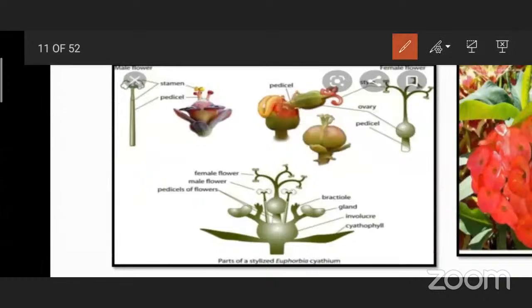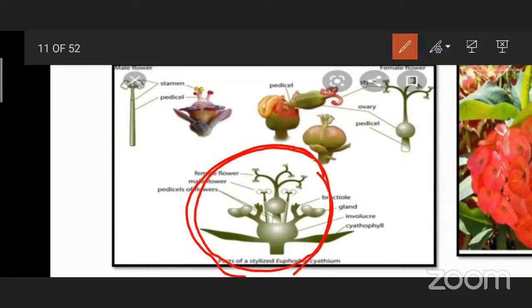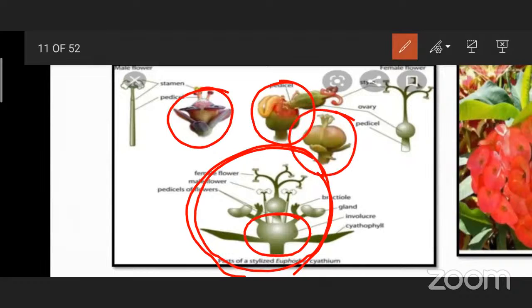See here, this is Euphorbia. Second special type of inflorescence, that is cyathium inflorescence. Naked, stalked, unisexual flowers are arranged in a cymose manner inside a cup-like involucre of bracts.